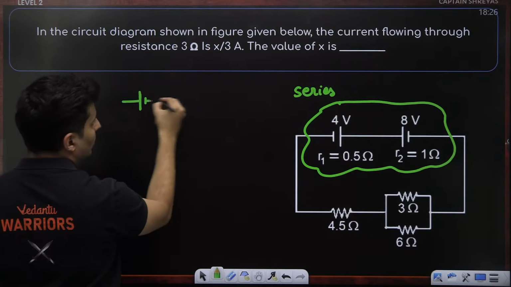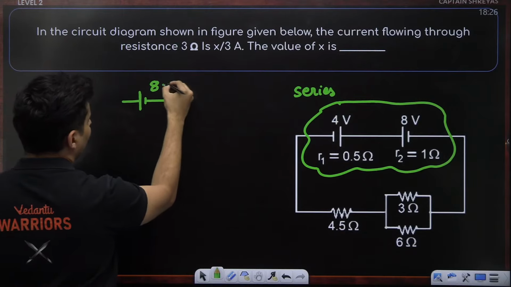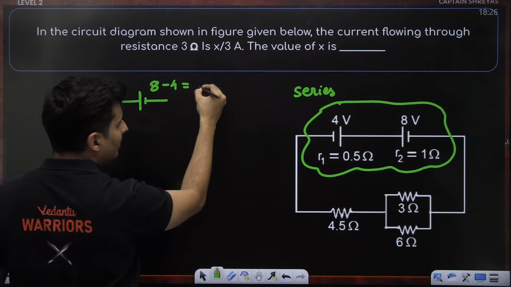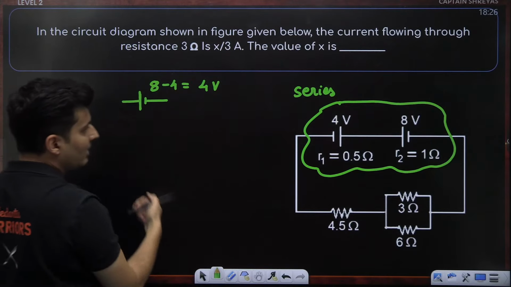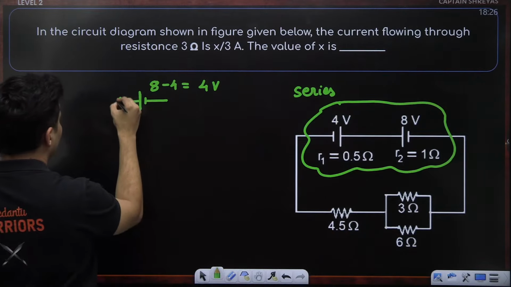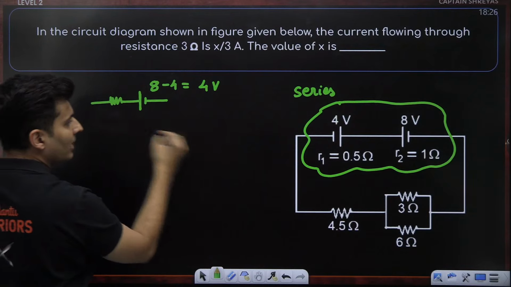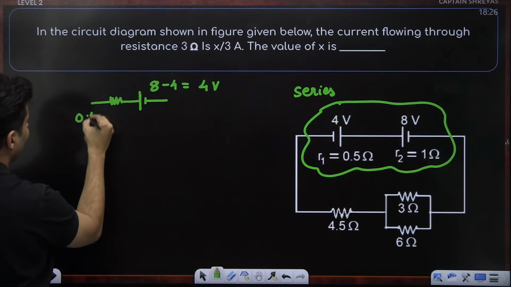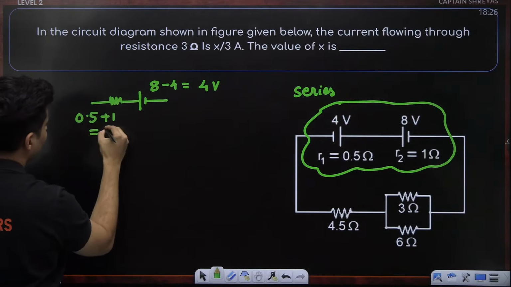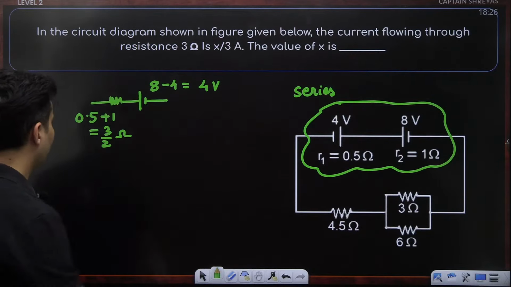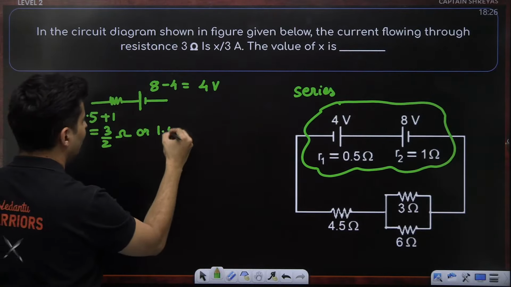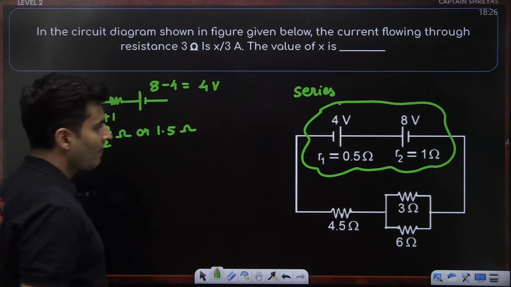It will be totally 8 minus 4, that is the net EMF, which will be 4 volts. 8 this side, 4 this side, so 4 will be remaining. And internal resistance wise, how much will it be? R1 plus R2. So 0.5 plus 1, which is basically 3 by 2 ohms, or 1.5 ohms.